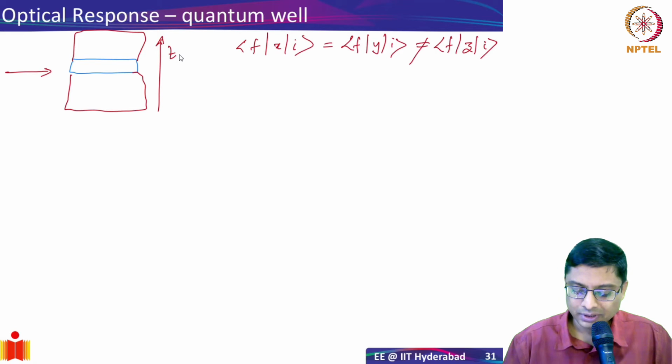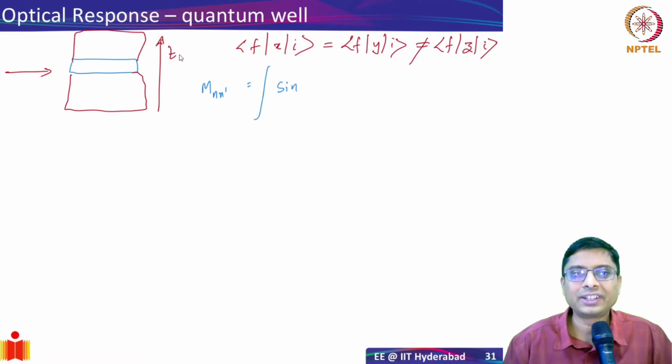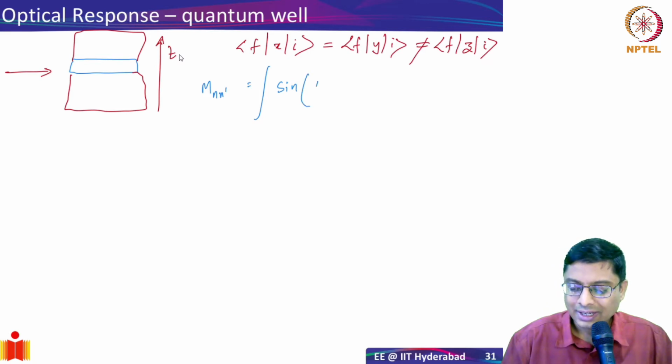If you look at M n n prime, this overlap integral is simply going to be, the overlap of phi Z, which is the wave function for a particle in a box: sine of n pi by L Z times sine n prime pi by L Z dz.